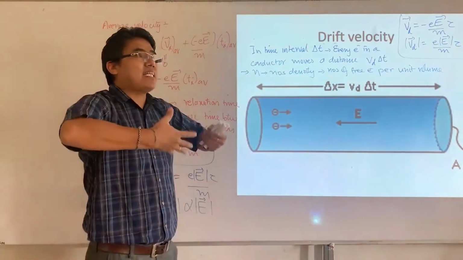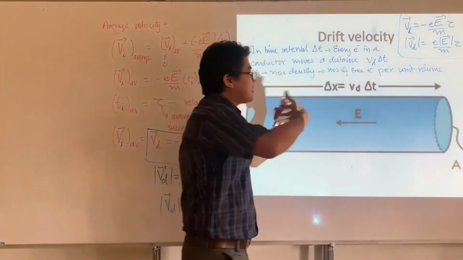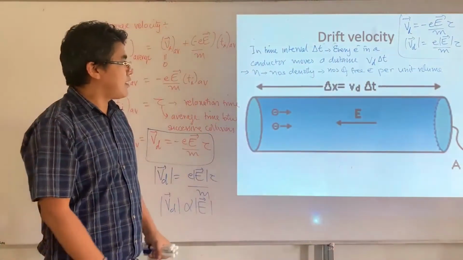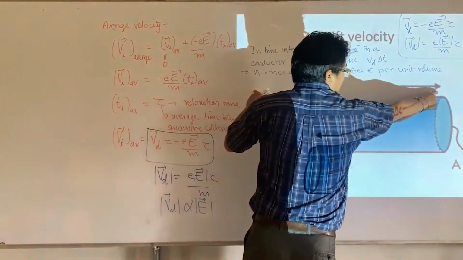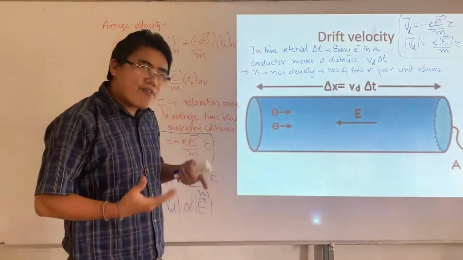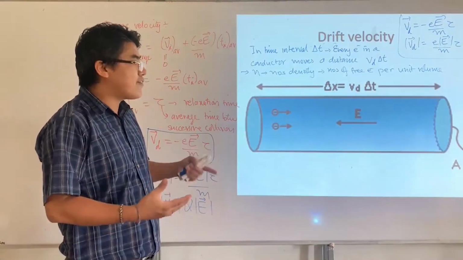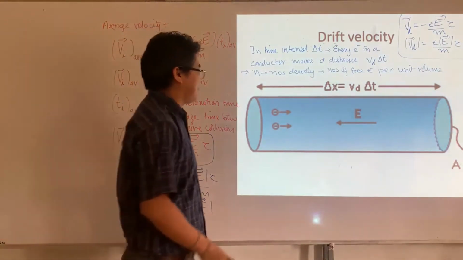That tells the number of electrons crossing this area within time interval delta t, because this is the distance moved by every electron. Again, I'm repeating, this is a very, very important concept.